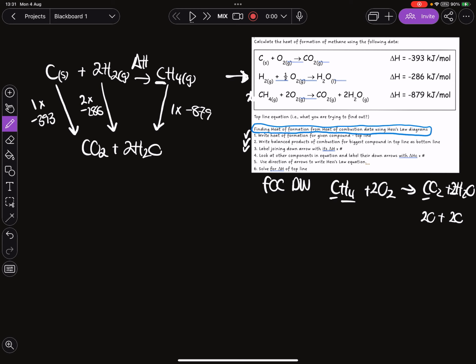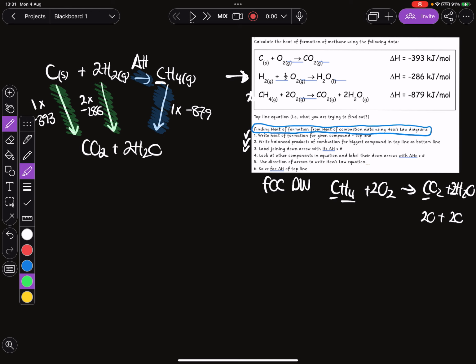Now, to draw our Hess's law formula, I need to look at the directions that my arrows are going. So you will notice that here and here, these arrows are both going in the same direction, whereas over here, these two arrows are coming down.